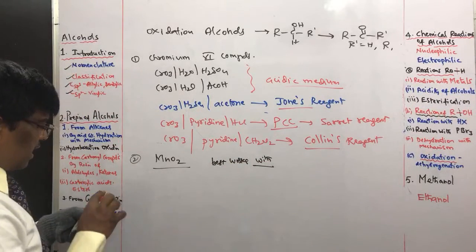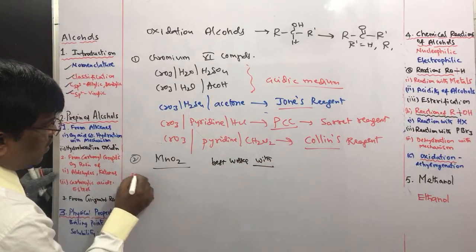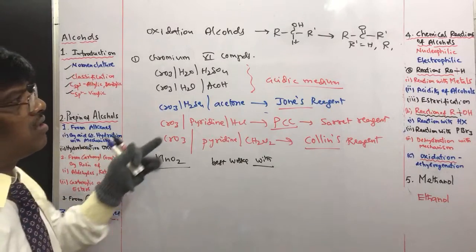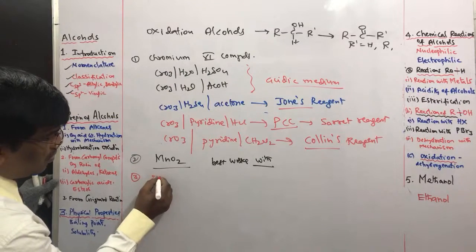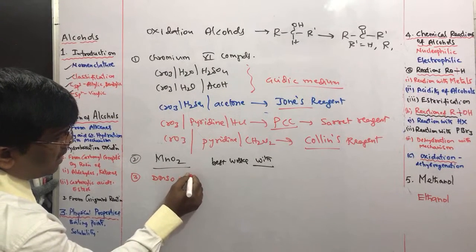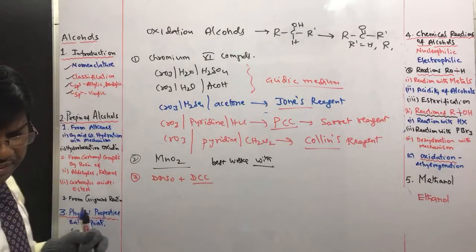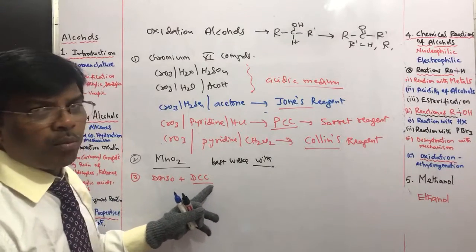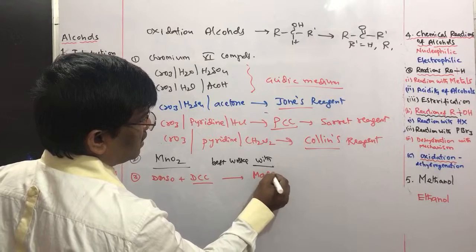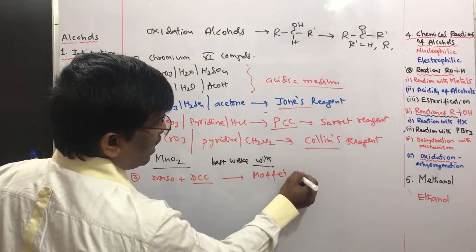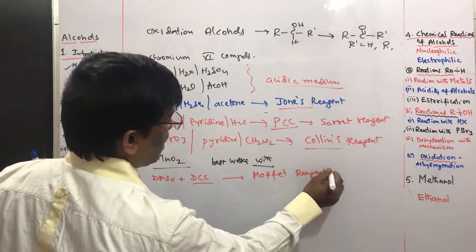And the next category of oxidizing agents for the oxidation of alcohols to carbonyl compounds is DMSO plus DCC. What is DCC? Dicyclohexylcarbodiimide, and this is known as Pfitzner-Moffatt reagent.